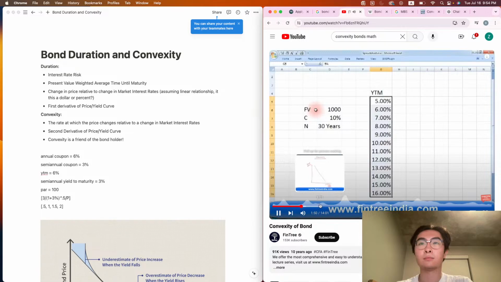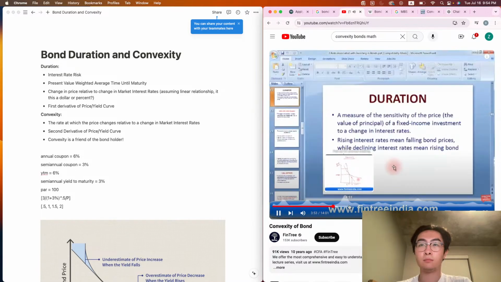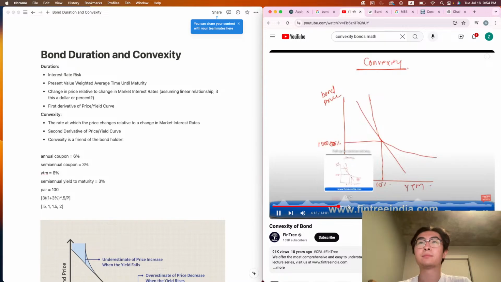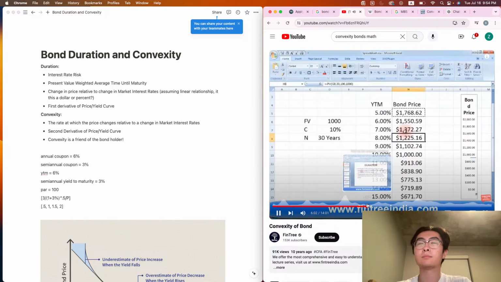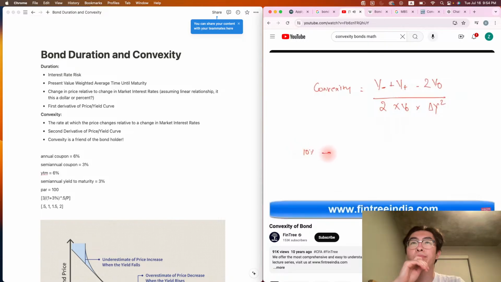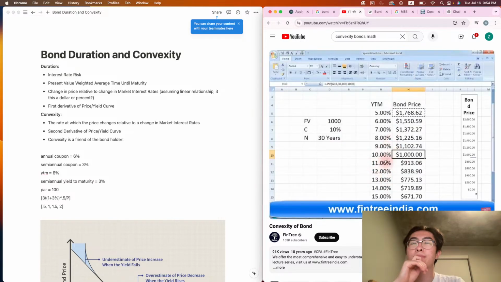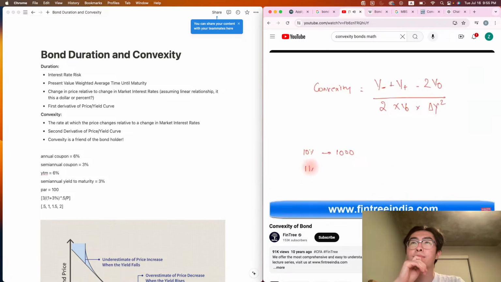So you also start doing the calculation. At 10%, bond price was 1,000. At 11%, it came out to be 913.